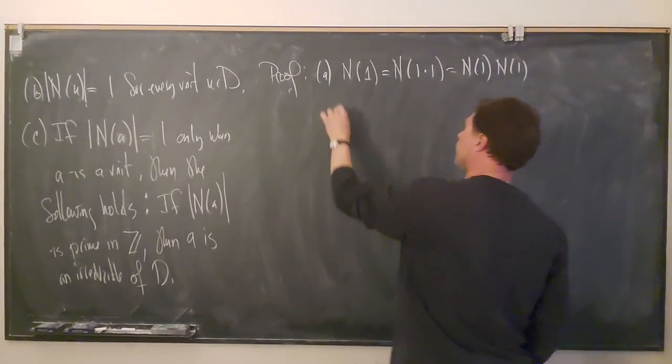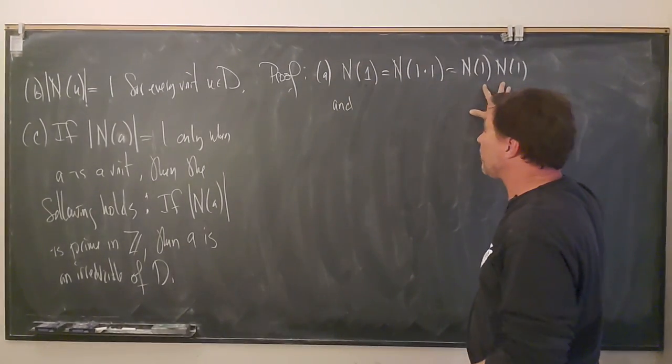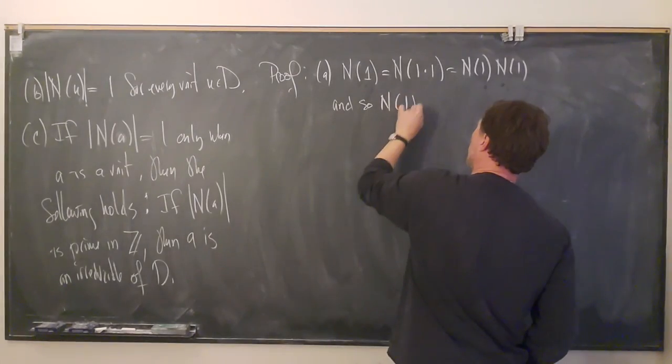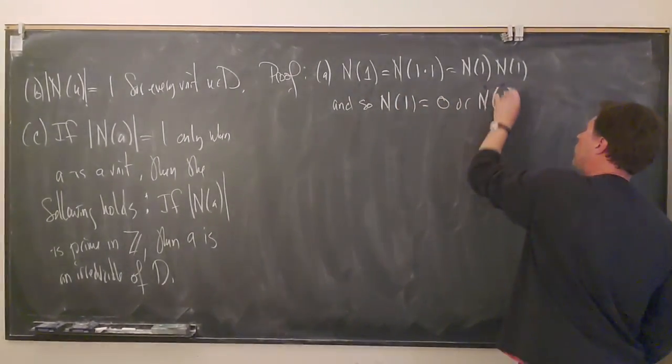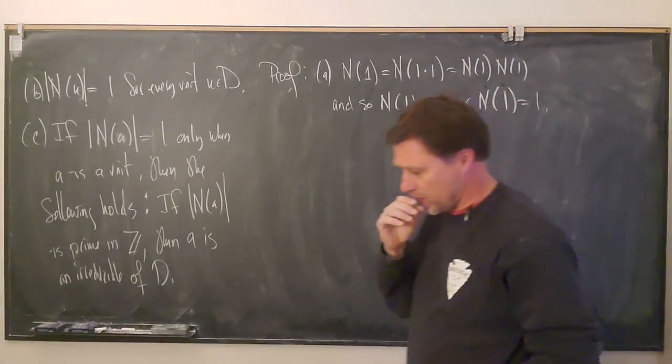And so what do we have? The norm of 1 is equal to the square of the norm of 1. So we can conclude the norm of 1 is equal to 0, or the norm of 1 is equal to 1.